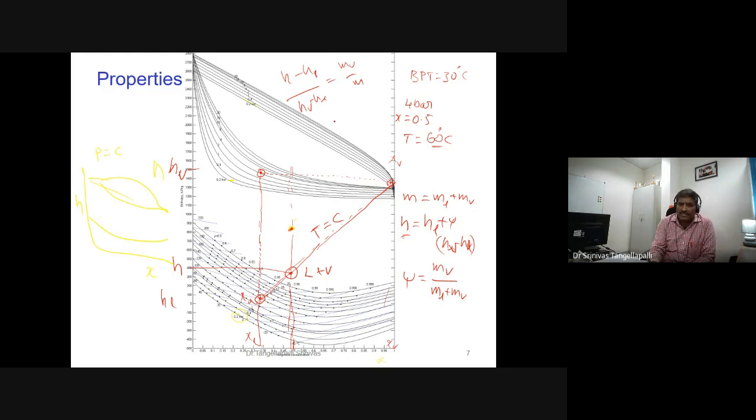If I call it HV minus H, you will get HL here, because MV can be replaced by M minus ML, or ML can be replaced by M minus MV. Here I expressed MV by M, and the same can be expressed as ML by M also.